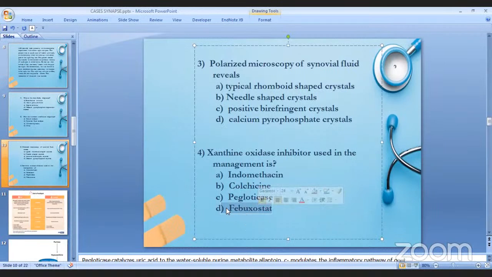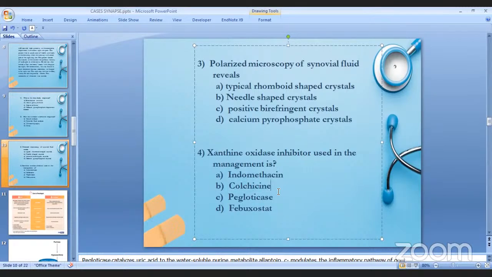So we need to keep taking this medication all the time so that we don't have an acute flare of gout. But once we have one, this medication doesn't really help. The medications that help in the acute flare are indomethacin and colchicine. And there's another drug called pegloticase.